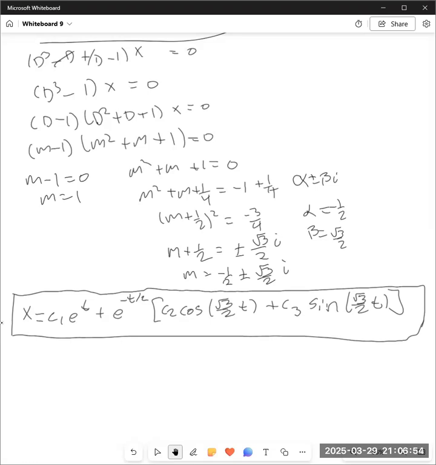To find y, I'm going to use y equals D2 minus 1 x, which is D2x minus x. Let's find D2x.